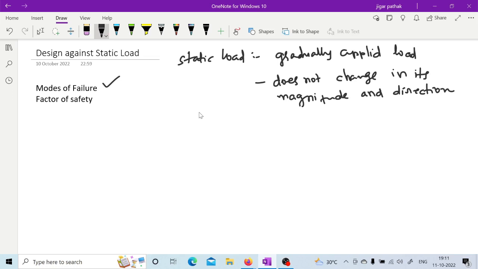If we discuss modes of failure, then before even discussing that, you need to have an idea about ductile and brittle material.